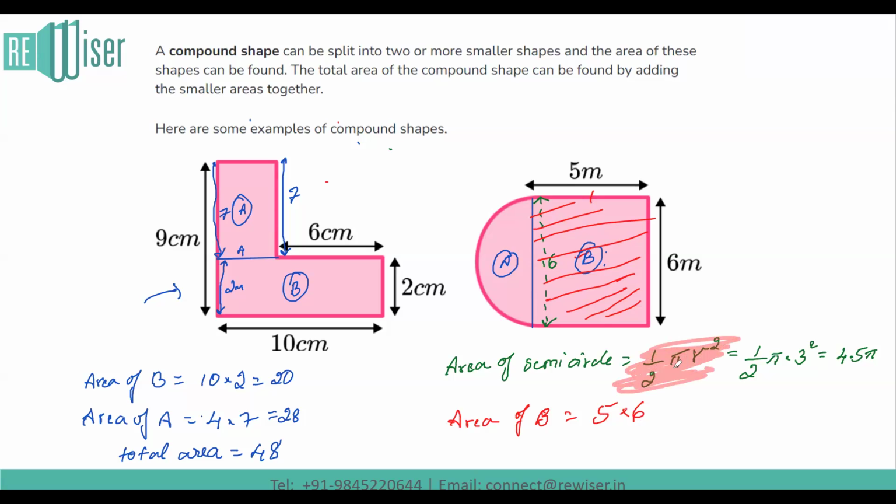Pi we have to take as 22 by 7. No, you can put it in the calculator as well. Even if you're using a scientific calculator, you will have an option to put pi into the calculator. So with that, you can get the direct answer. Got it? Yes.